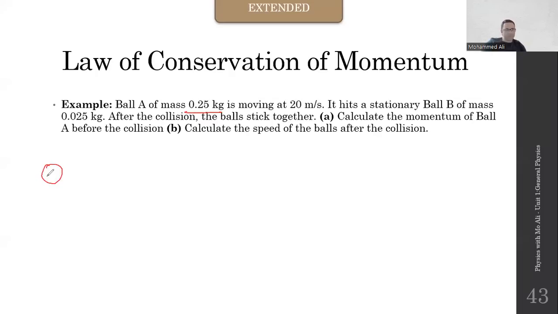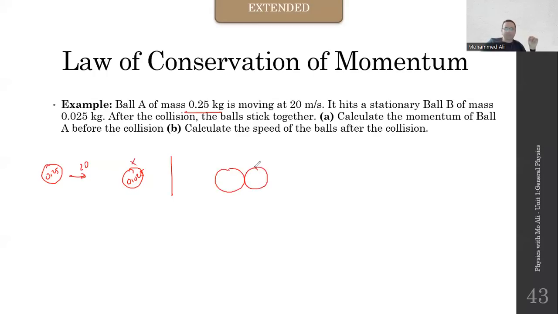Have a ball, 0.25 kilograms. What's next? Moving at 20 meters per second. That's great. Hits a stationary ball. So that's another ball that's not moving. I'm just going to write X so I remember it's not moving. Of mass 0.025. It's a lot lighter. Maybe I could have drawn it smaller. After the collision, so that's before. After the collision, they stick together.